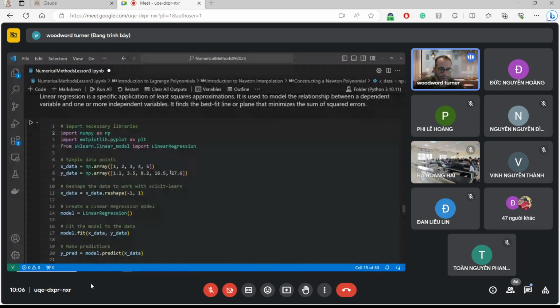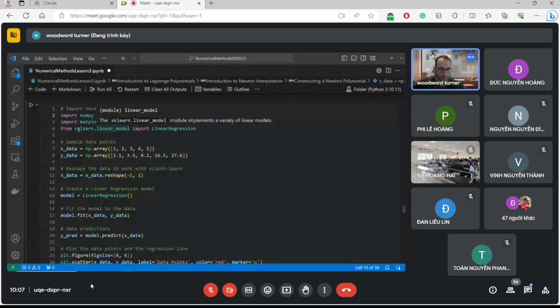Now, because I'm using this linear regression imported from the scikit-learn library, I need to have the X data in a certain shape. I can't just have a list, and that's all this piece of code is doing here. It's just reshaping the data so that I can use it with this function, because the function takes a certain shape of data.